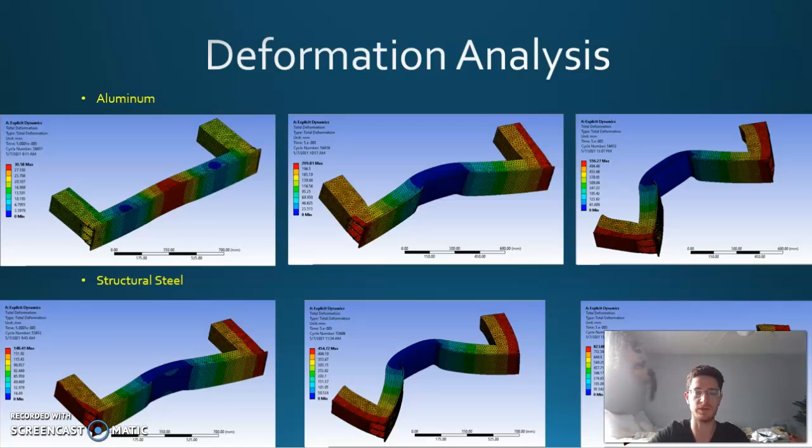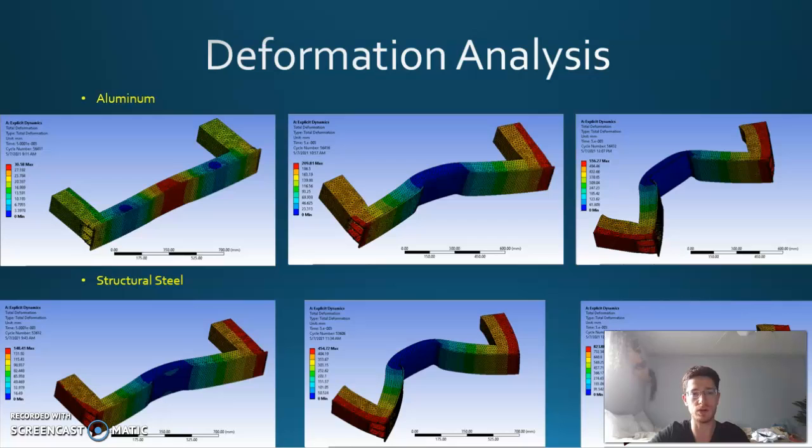As you can see, on the first two pictures for both aluminum and structural steel, there was already a plastic deformation, but it was not really significant. But on the next four pictures, especially the later ones, there was a very big deformation.